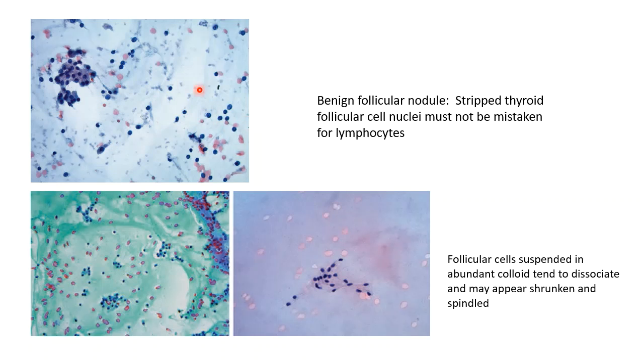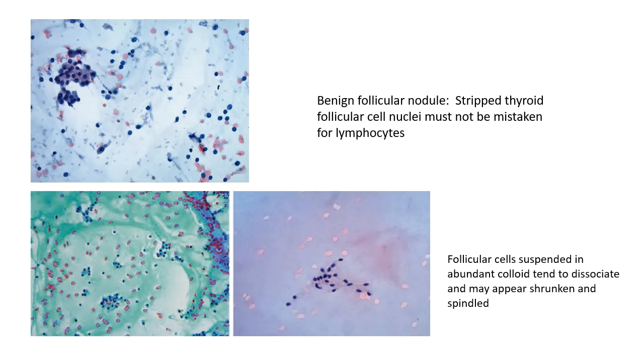So this can be mistaken for lymphocytic thyroiditis. These stripped off follicular epithelial cell nuclei should not be mistaken for lymphocytes. And when there is abundant thin colloid with suspended follicular epithelial cells in the colloid, the cells may dissociate and they may appear shrunken and spindle shaped. So this artifact should be known.